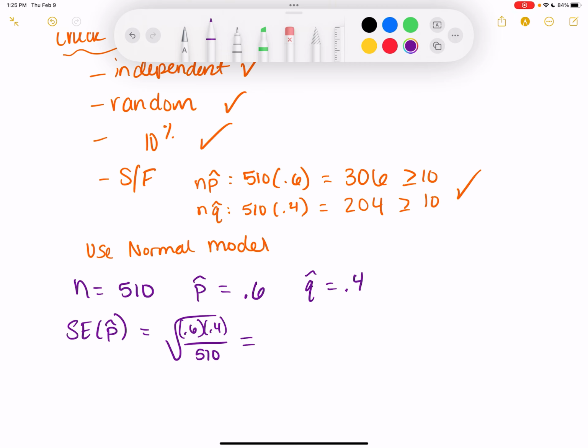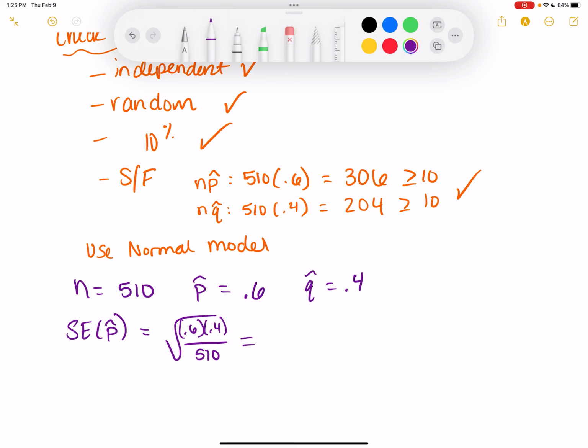0.24 divided by 510 is a really small number.